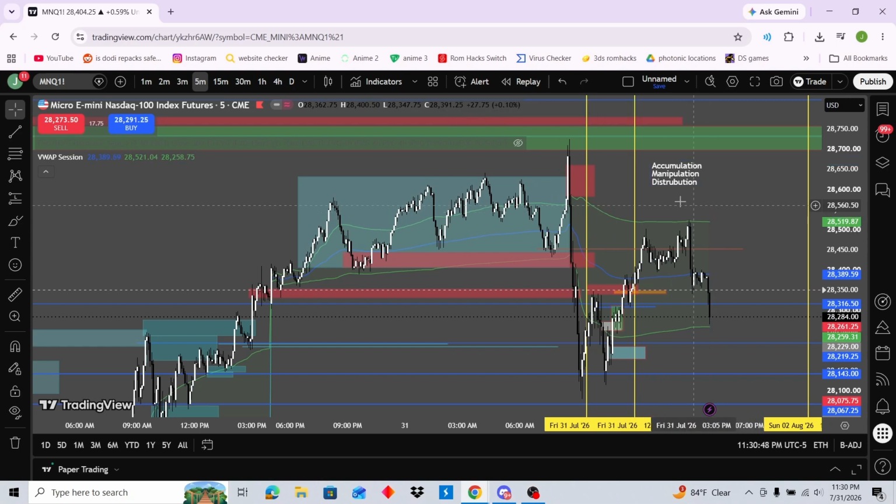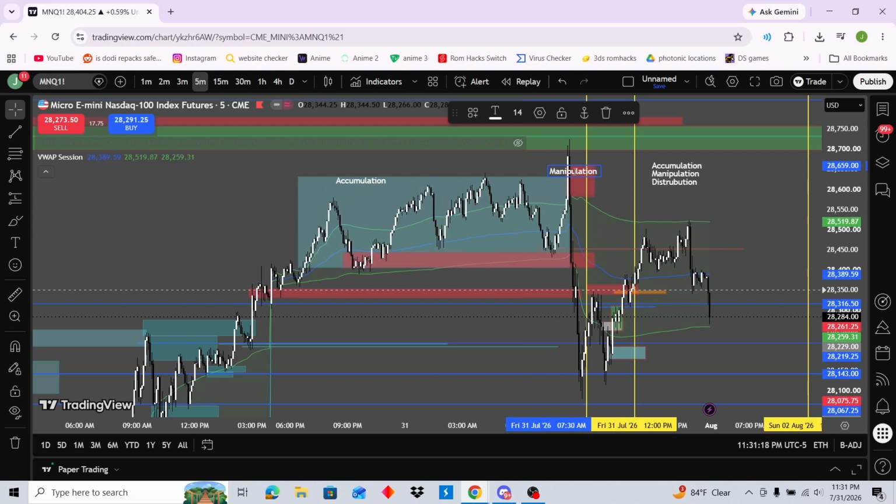So we're going to name it out. So accumulation is just when we go sideways. So as you can see, pretty easy to mark out. So we're going to get a text box. We're going to mark this one as accumulation. And there's two AMDs happening here.